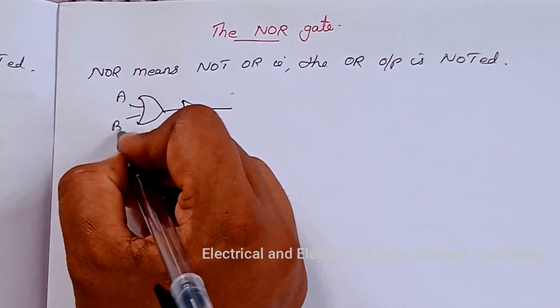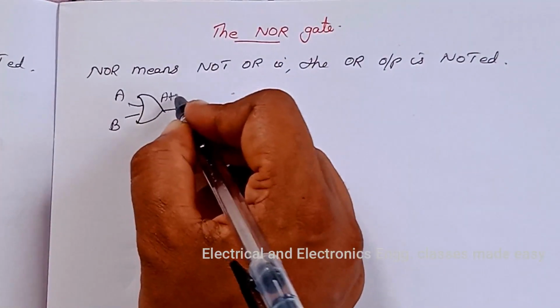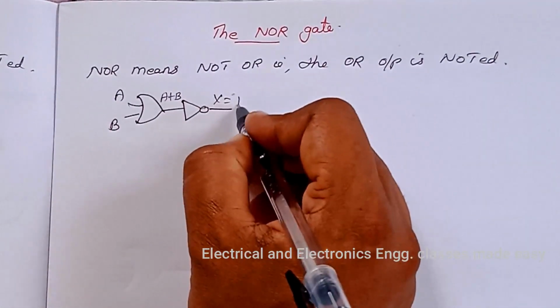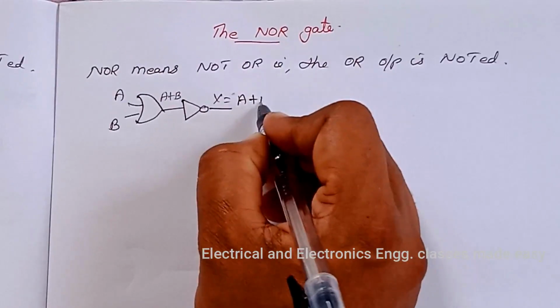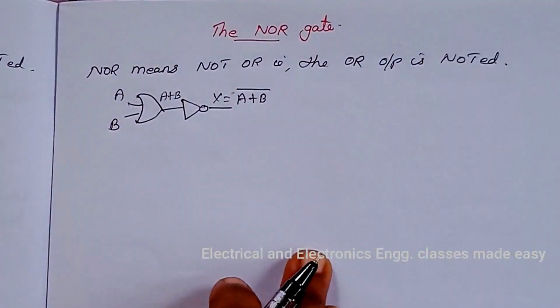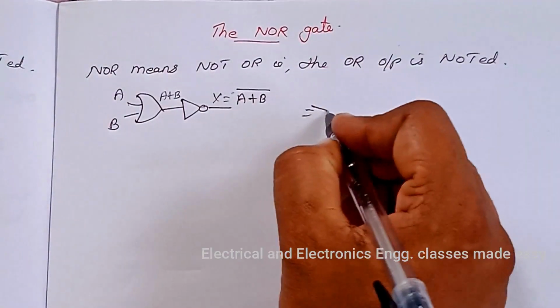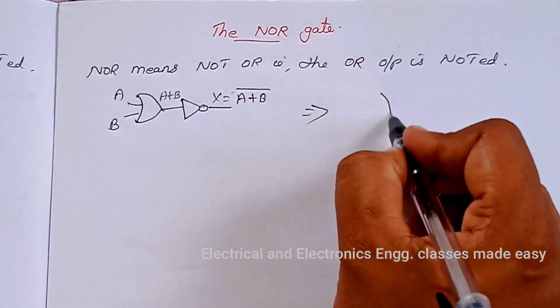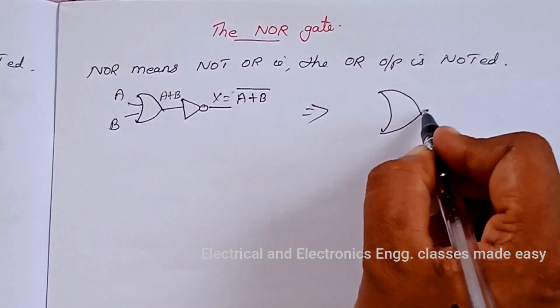These are inputs A, B. Here it will be A plus B or A or B. Then the output x is equal to A plus B the whole bar. And the logic symbol of NOR gate is like this.